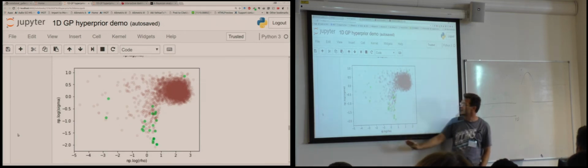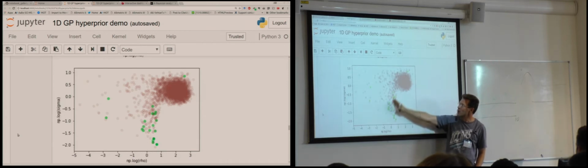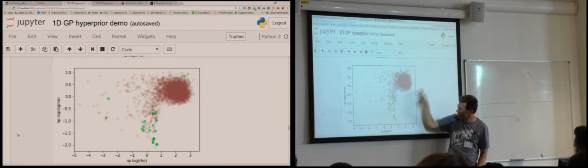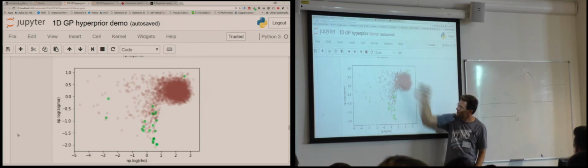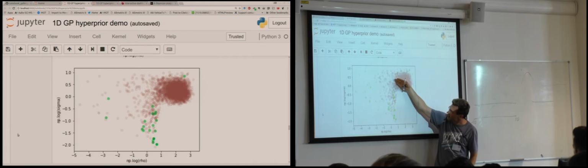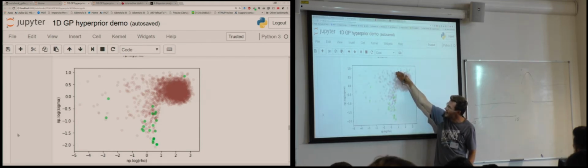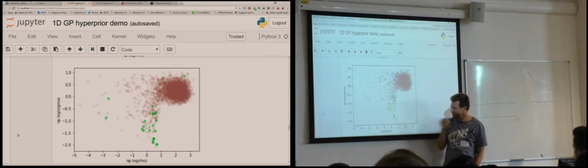Integration helps in that it's not finding the mode with the very long scale or getting stuck at the mode, but it's also seeing that there's a posterior mass for larger length scales. But we still have this case that with the very small length scales, there's also now the identifiability problem for the noise variance.